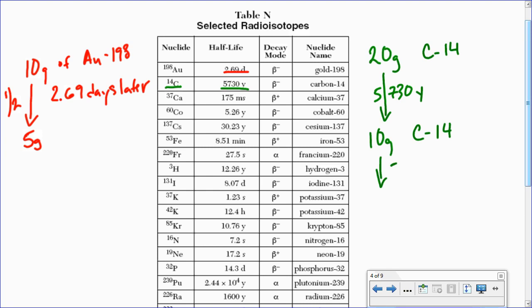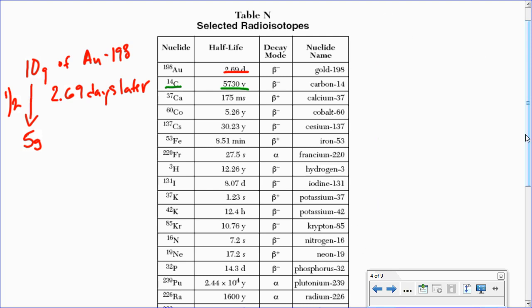Another 5,730 years go by, I'll have 5 grams, and so on. Each one of these steps is a half-life. While there may be mathematical equations to solve all of these things, we're going to use that stepwise, cutting it in half, cutting it in half, cutting it in half problem-solving method to really get to the root of these things.